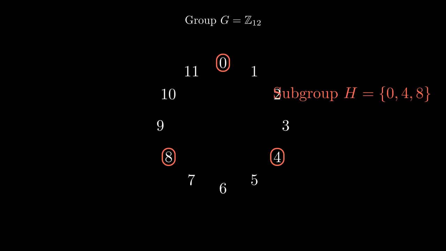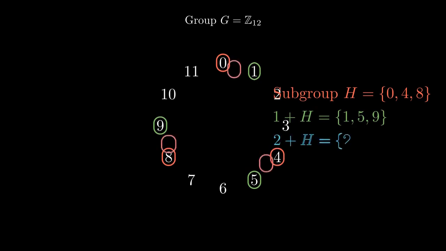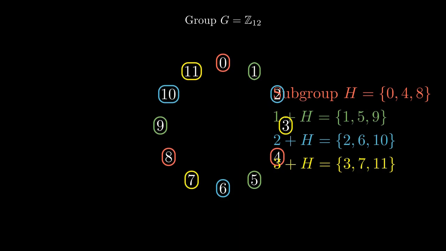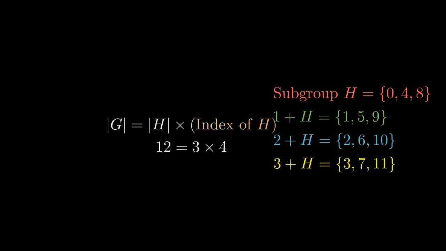Suppose we have the group Z12. 0, 4, and 8 is a subgroup. 1, 5, 9 is a subgroup again, and so on. So we have 4 subgroups. These 4 subgroups partition the group, and each subgroup has 3 elements.